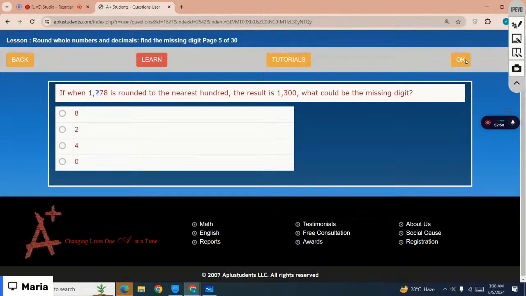That is 2. The missing number is 2. Got it? The correct option is 2.